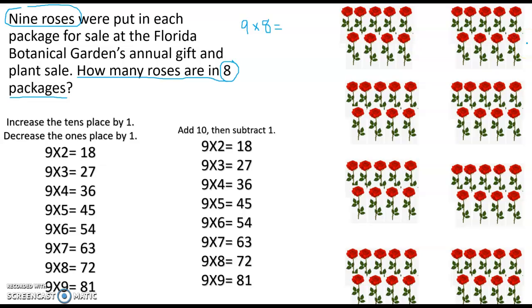There's one more trick for your nines facts, and I actually posted a video about it. It's right after this video. So if you want to check that out, it uses your hands for your nines facts. So that will help you too. And something really cool is you've already learned how to do your fives facts and your twos facts.